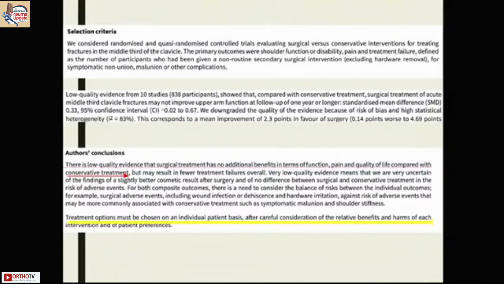They concluded that the treatment option must be chosen individually. What is the demand of the individual? Whether the patient wants to go back to work immediately, or is ready to accept the cosmetic deformity. So it is predominantly individual-based treatment, the relative benefits and harms of each treatment have to be discussed with the patient, and then you go for the appropriate treatment. This is what they concluded in this final review.